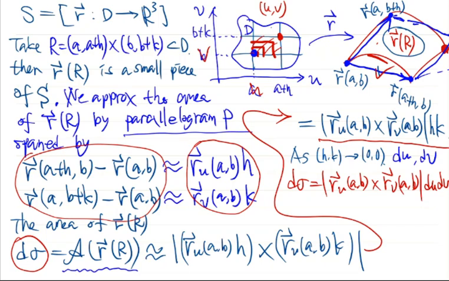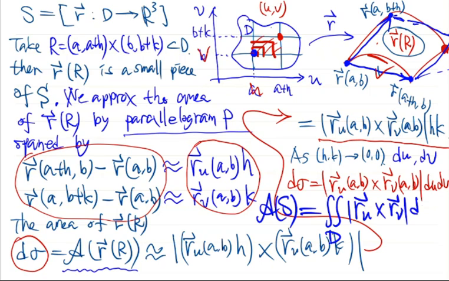So our result is that the area of this surface is defined to be the integral of this function. This is the definition of the area of a surface: given a surface, take a parametrization r, then construct this double integral.